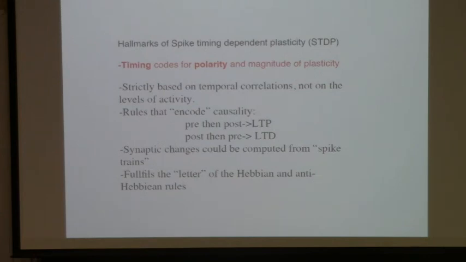It's not that difficult to record the trains of action potentials in a given cell. You can now record from hundreds of cells. And from the timing of those trains, you could in principle predict, if two cells are connected, whether there is going to be a potentiation, a depression, or nothing.